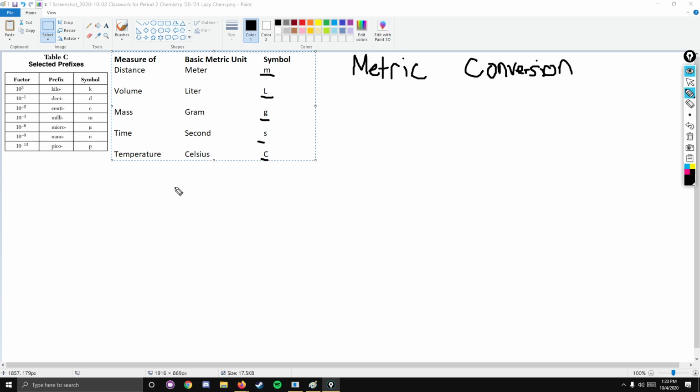This symbol is always after our prefixes. There are some prefixes here that you need to pay attention to. There's kilo, which is a K, deci, which is D, centi, which is C, milli, which is an M, micro, which is mu, nano, which is N, and pico, which is P.